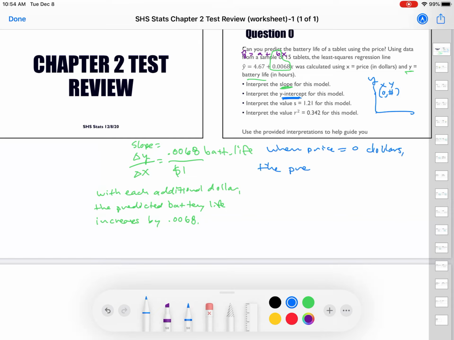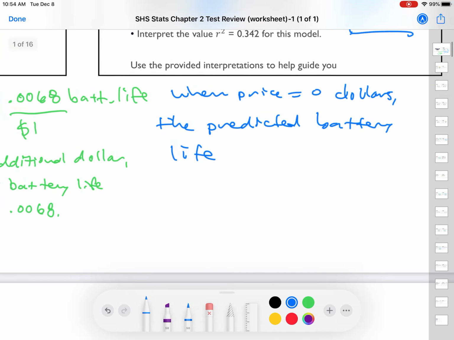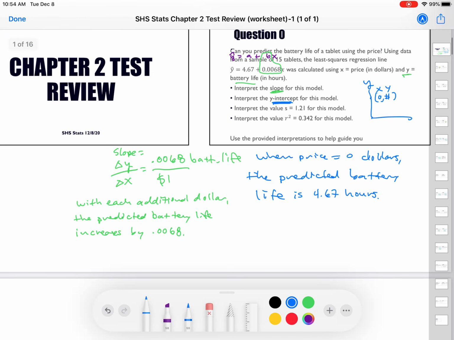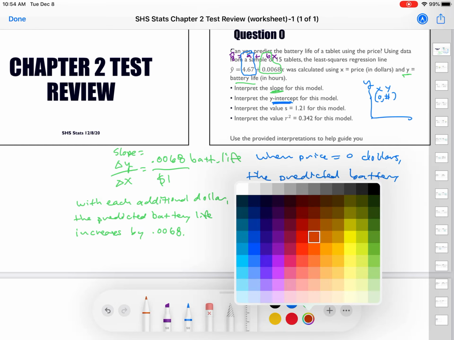The predicted battery life is 4.67 hours. Right? It's the number without x. That's what the y-intercept is. Okay, let's try the next one.